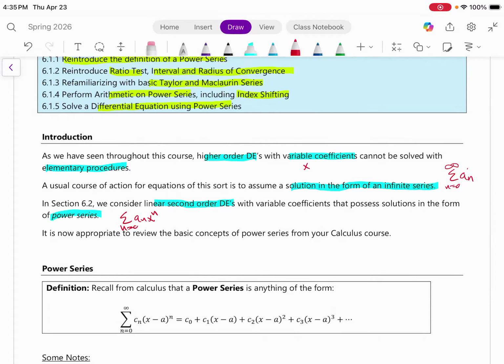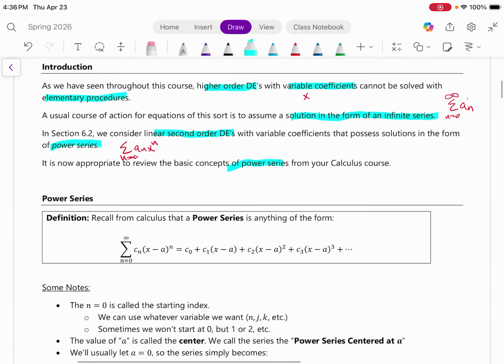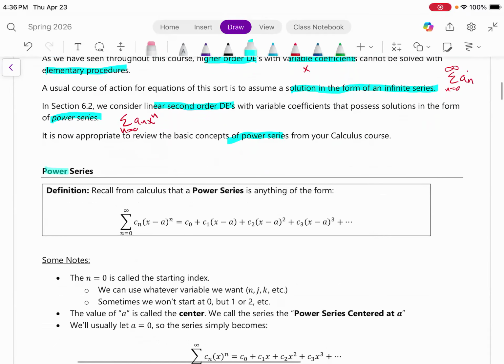Let's review the basic concepts of power series from your calculus course. Here's the definition. Recall from calculus that a power series is anything of this form.